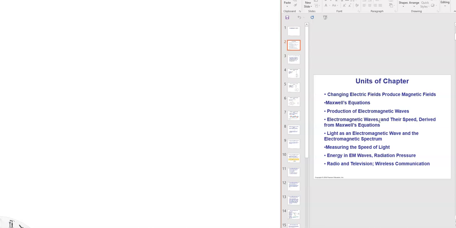And then we'll talk about the speed, one particular equation that deals with the speed of EM radiation, and a little bit about light and other different types of radiation. Measurements, historical measurements, energy, radiation pressure at the conceptual level, and more details about wireless communication. So these are the topics we're going to discuss.